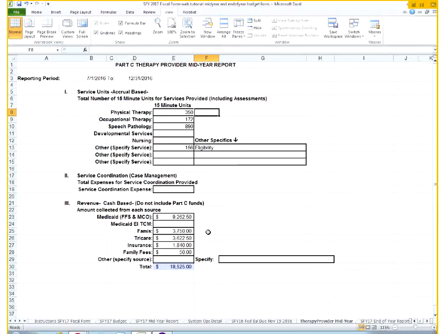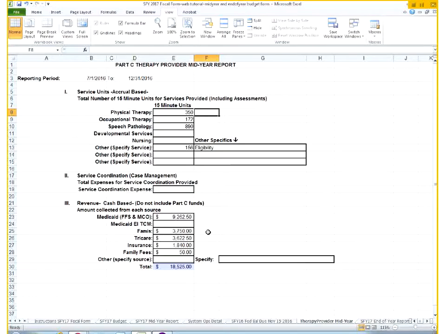requires you first to determine where contract provider revenue is captured for your system. If you submitted an initial budget and you included contract provider revenue from Medicaid and private insurance, and family fees, if you included that in your system budget, then you would put zeros down here in Section 3, because that revenue was not collected by the contract provider, it was collected by your agency.